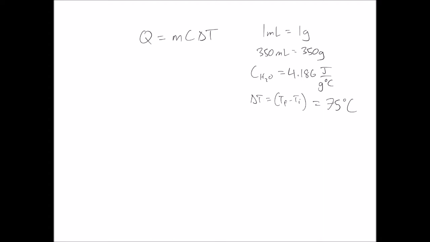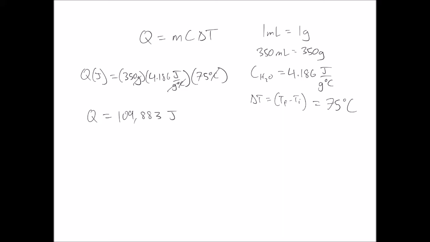So if we plug in all these values, Q, which is in joules, is going to equal 350 grams times 4.186 joules per gram degrees Celsius times 75 degrees Celsius. So our degrees Celsius are going to cancel, and our grams are going to cancel, and we're going to be left with Q is equal to 109,883 joules.